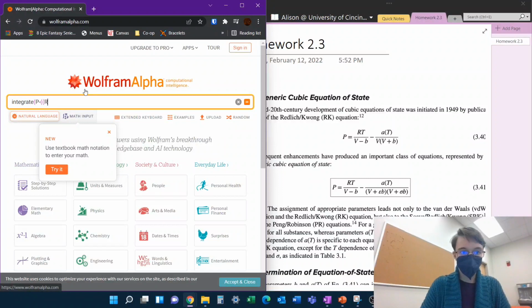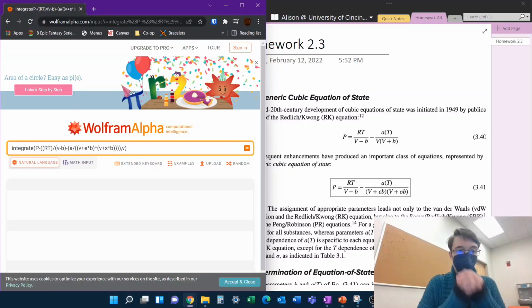So it'll be minus R, the gas constant, times temperature divided by volume minus B, minus A divided by V, or volume, plus epsilon times beta, times volume plus sigma times beta, and then close out all these parentheses, and then we're going to want to do this with respect to V. Alright, so if we enter that in here, it'll calculate the integral for us.